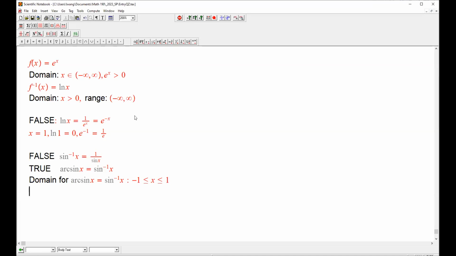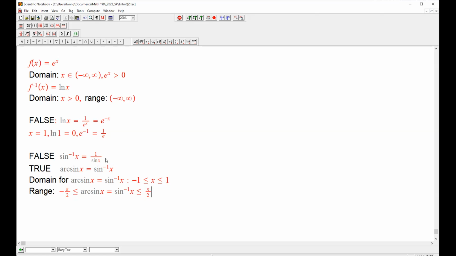And what is the range? The range of arc sine is going to be greater than or equal to -pi/2, so watch those lessons, I have them over in Canvas, and less than or equal to pi/2.